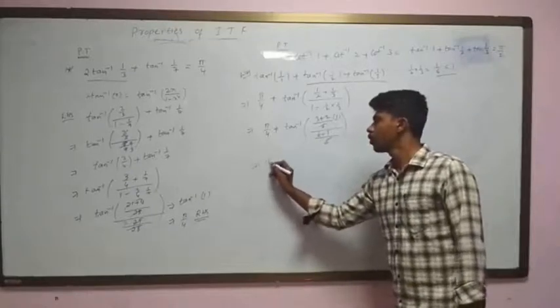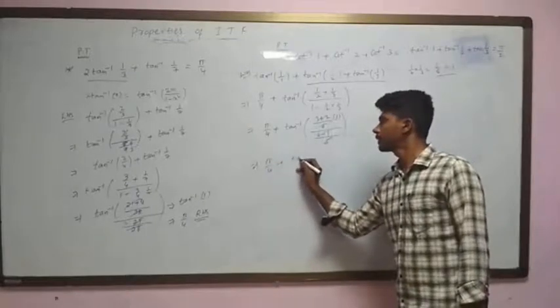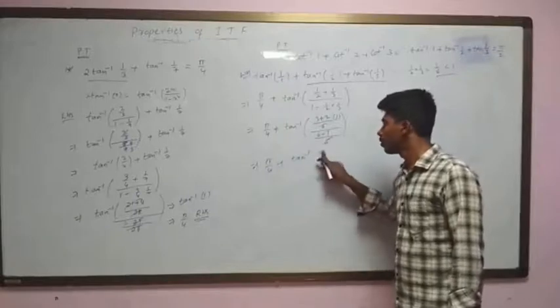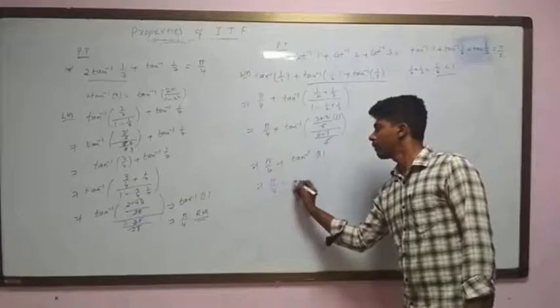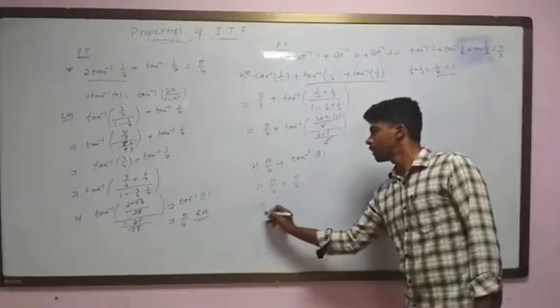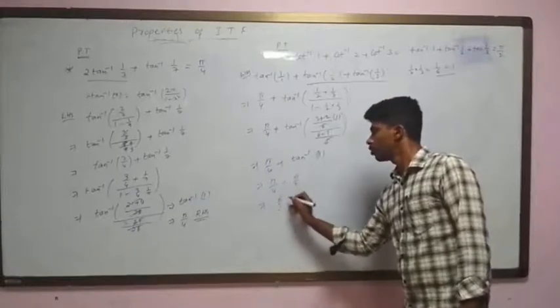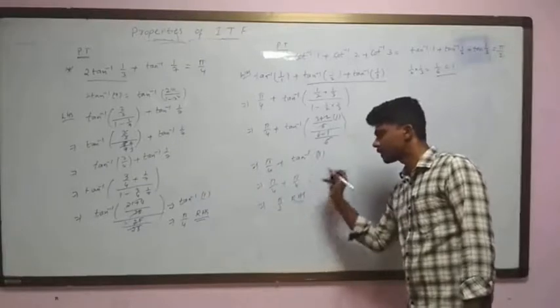So pi by 4 plus tan inverse of 1, so we get pi by 4 plus pi by 4 is equal to pi by 2, which is RHS.